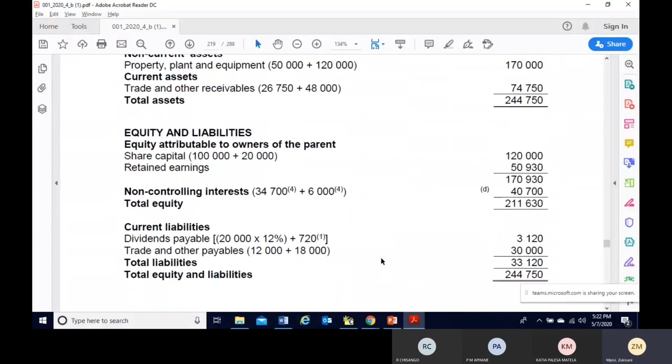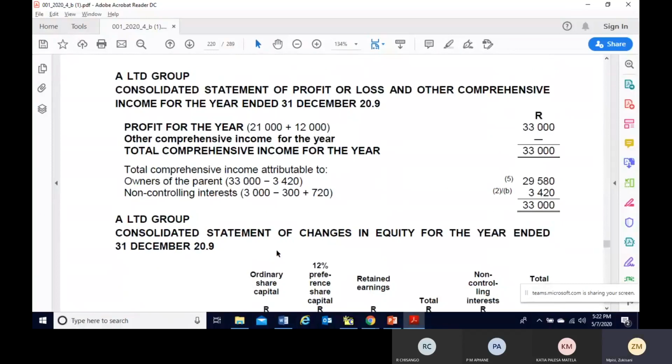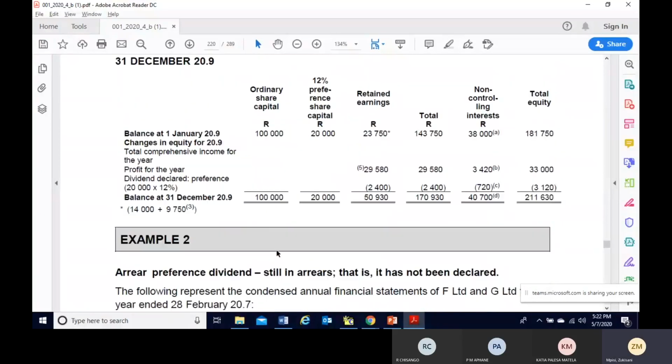Which means that in your liabilities, you're going to have dividends payable of 720, and then other dividends payable coming from the parent. On your statement of changes in equity, you're going to have in your retained earnings 12% for dividends, and then in your non-controlling interest, you're going to have your preference dividends again.